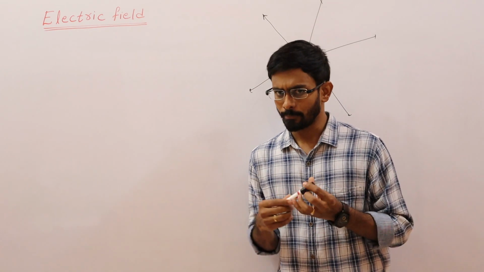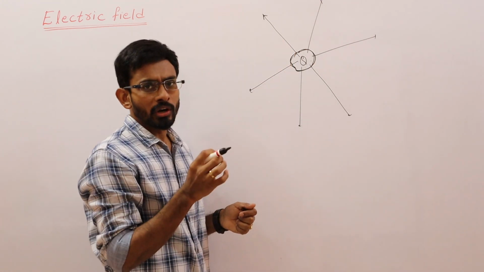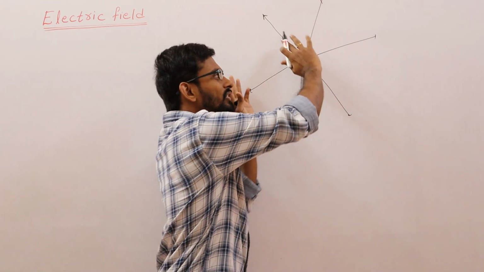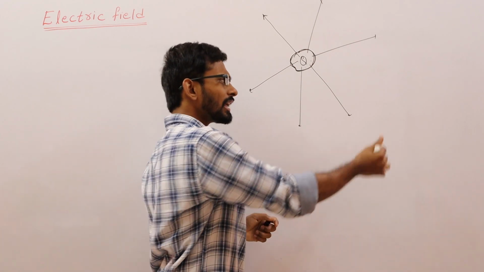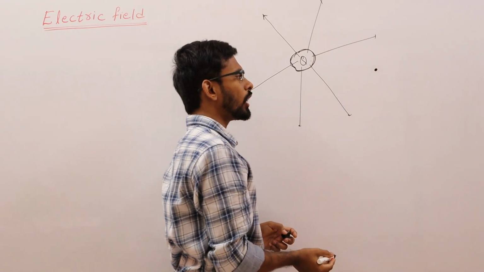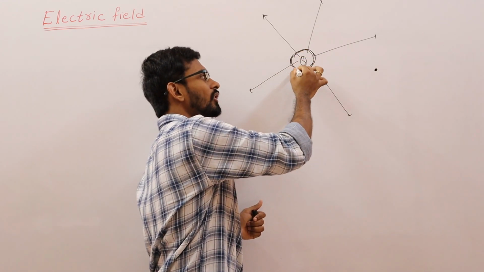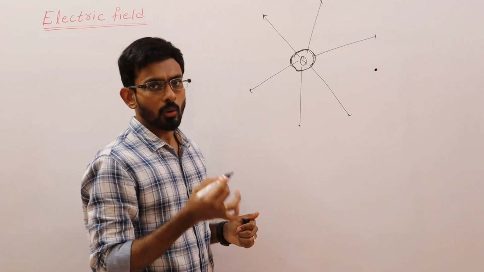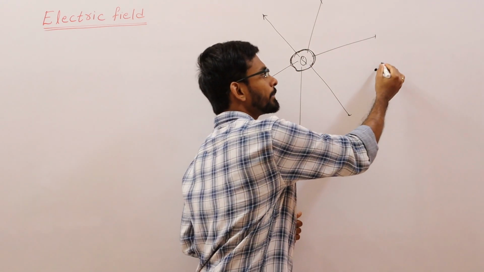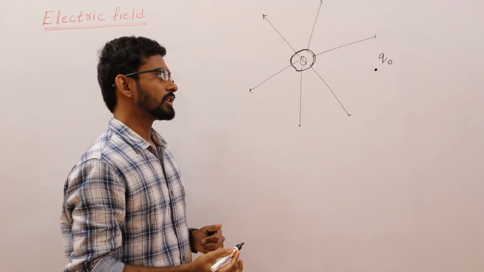So let us take an example. This charge produces a field around it. Now you want to test how strong this field is, let us say at this point. So at this particular point I want to test how strong the influence of this charge is. To check it, I'll keep a test charge here, let us say Q0 charge.